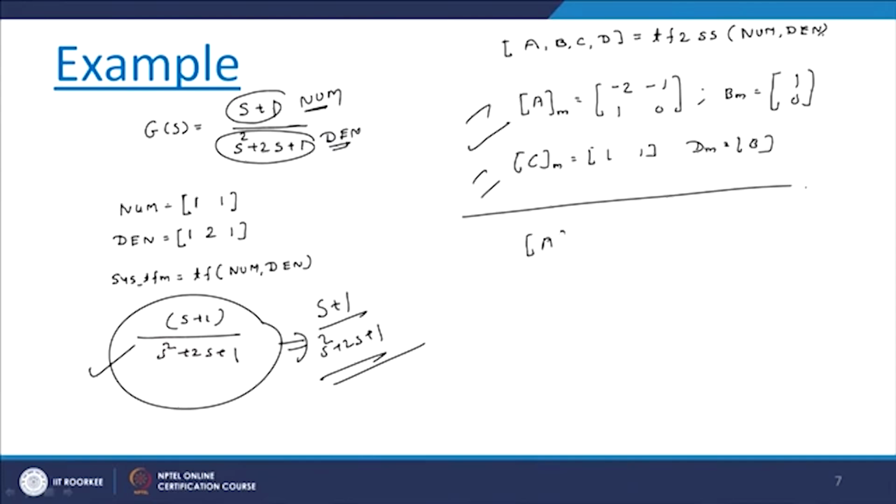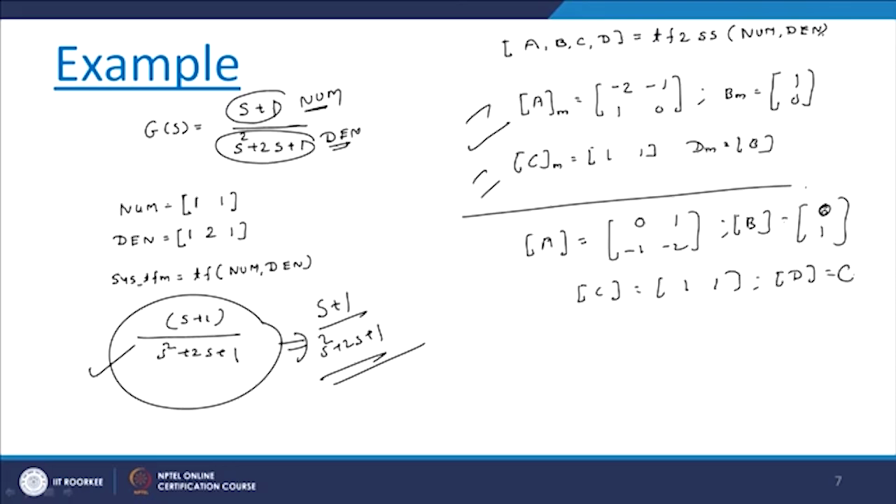If you do it manually, we can write this model as A equal to [0 1; -1 -2], B matrix as [0; 1], C matrix as [1 1] and D matrix as 0.